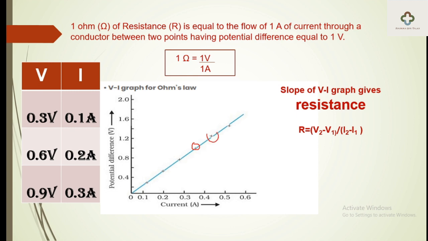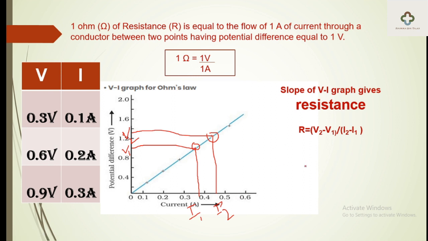I'll draw perpendiculars here, and take the corresponding values of I from here and the corresponding values of V from here. This will come out to be V1, this V2, this I1, and this I2. Putting them in the formula, I can find the value of resistance.